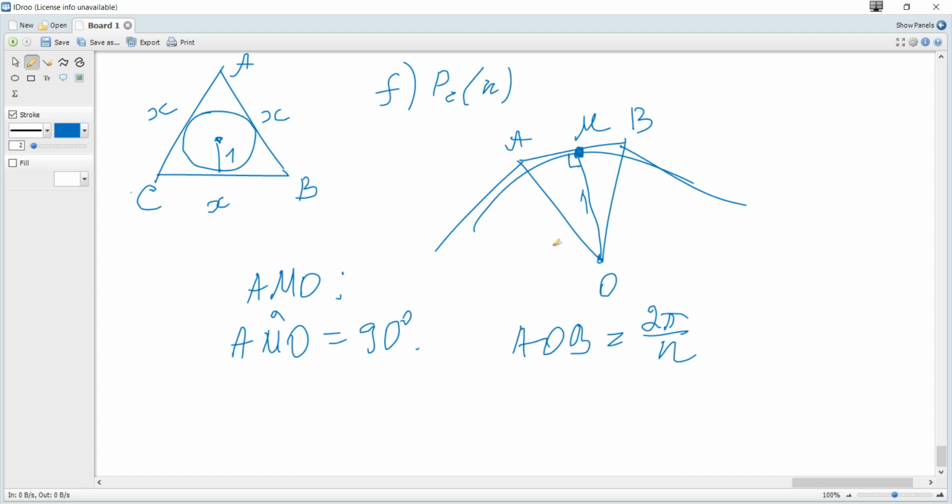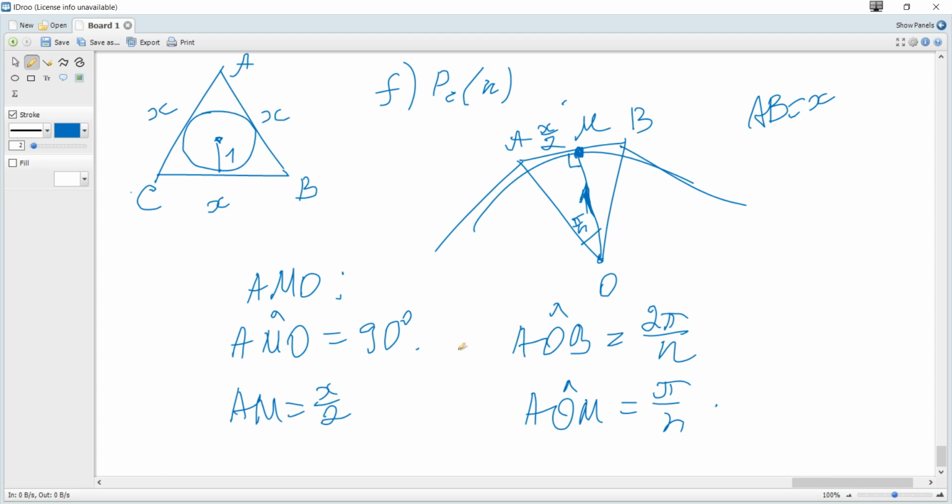So angle AOM is a half, because AOB is an isosceles triangle. So angle AOM is just pi over n, and OM is 1. And AB is x, hence AM is x over 2.